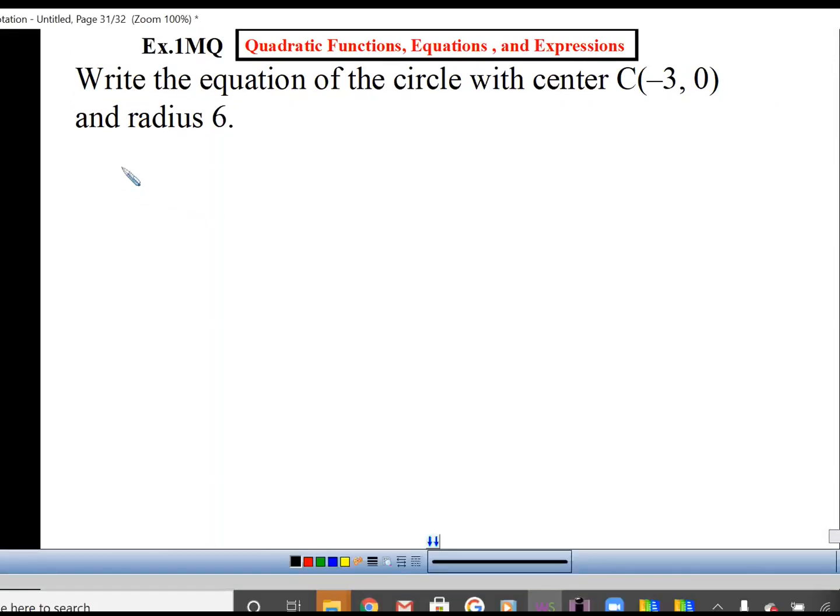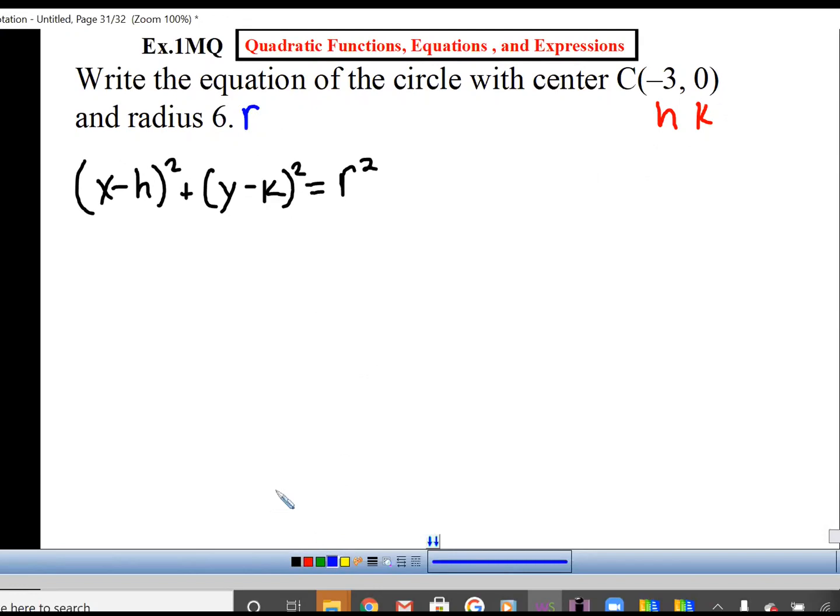We write our general form or standard form, which is x minus h squared plus y minus k squared equals r squared. Label what they give us. They give us the center -3, 0, so h is -3 and k is 0. And the radius given is 6, so our r is 6.